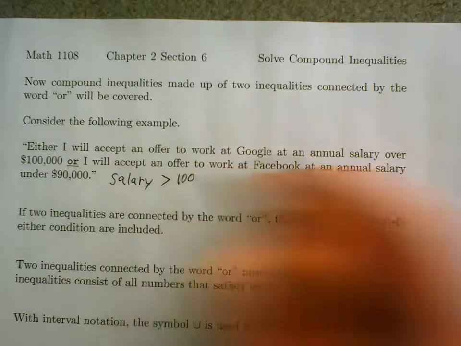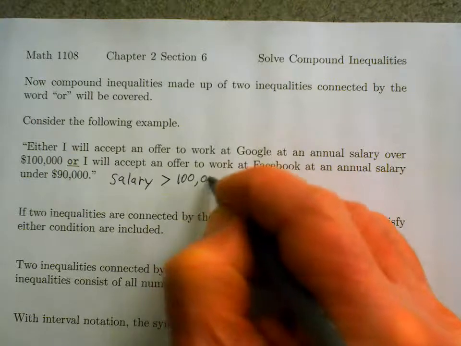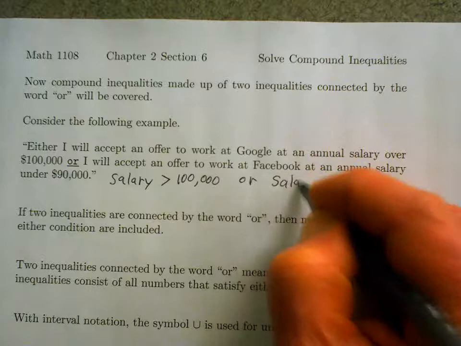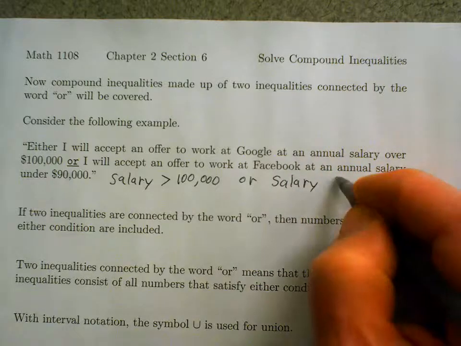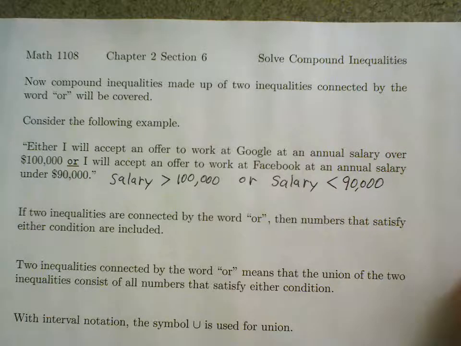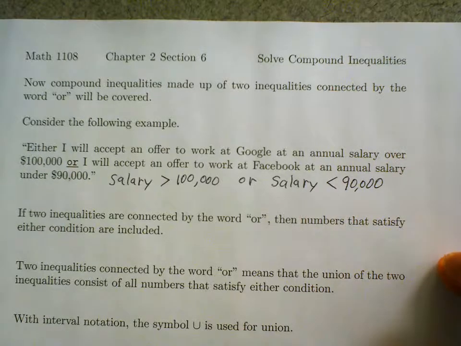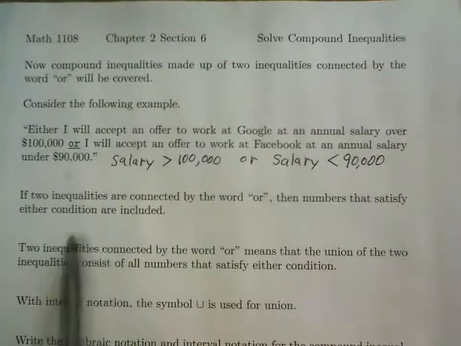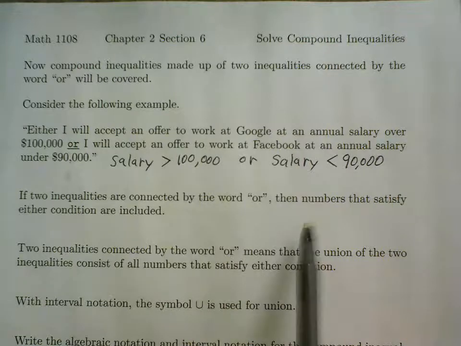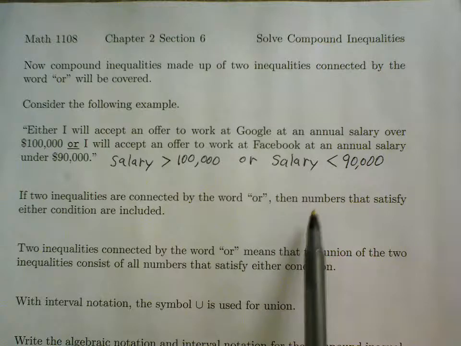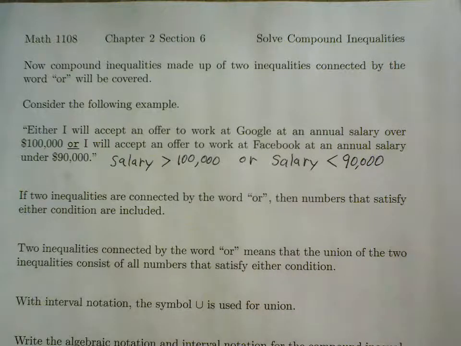I'll just write salary greater than 100,000, or the salary will be less than 90,000. Okay, if the two inequalities are connected by the word or, then numbers that satisfy either condition are included.